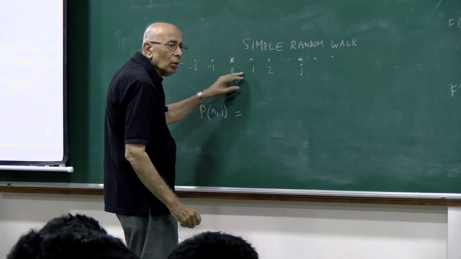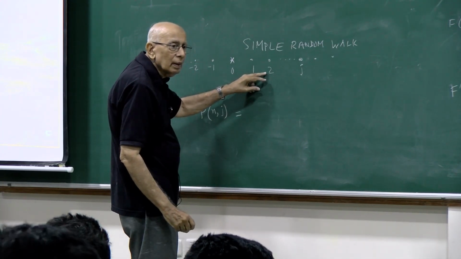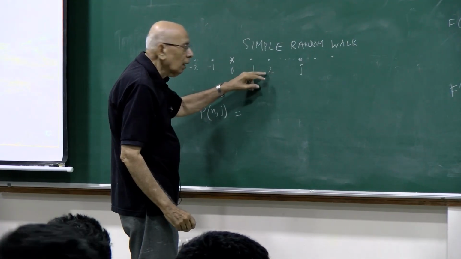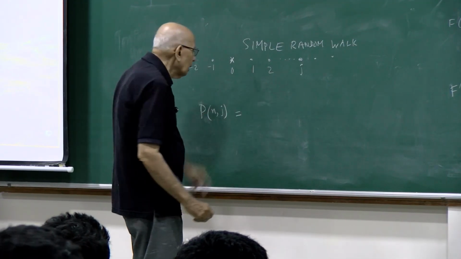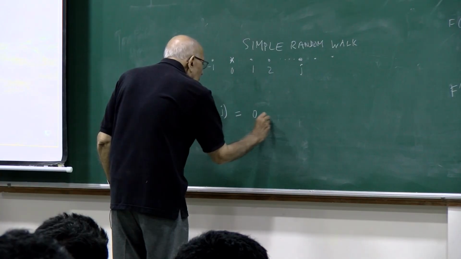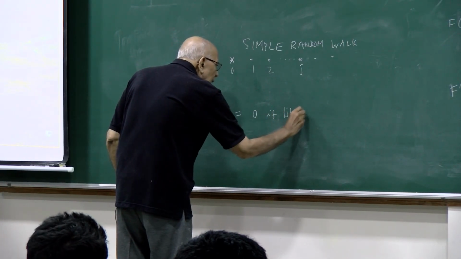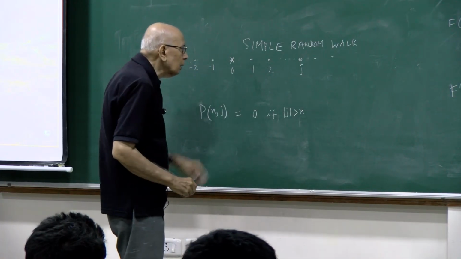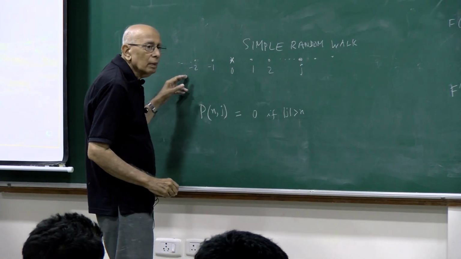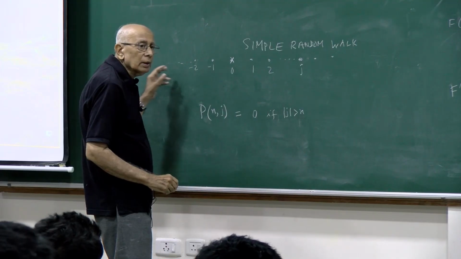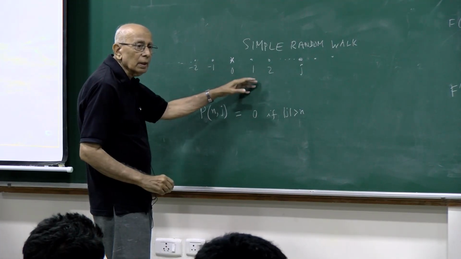In n steps, how can I go beyond n? I can go to any value of j up to n, right? So this is equal to 0 if mod j is greater than n. j can be negative. I can't go below minus n, and I can't go beyond plus n.